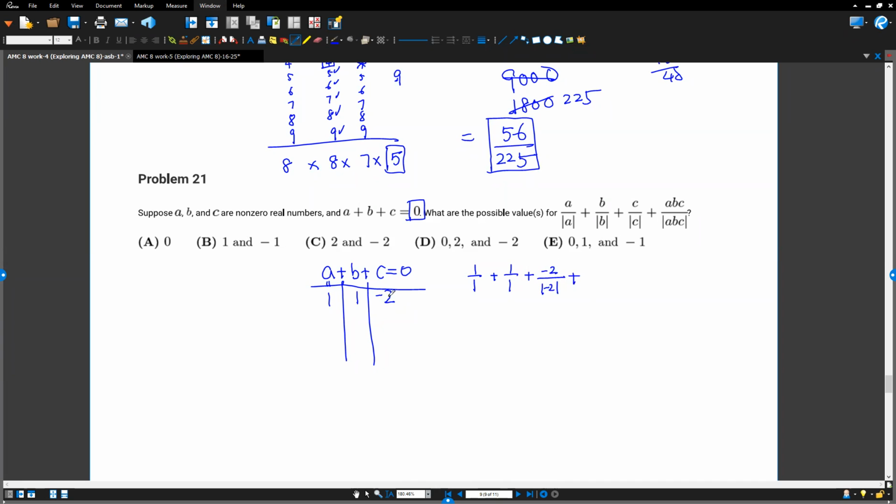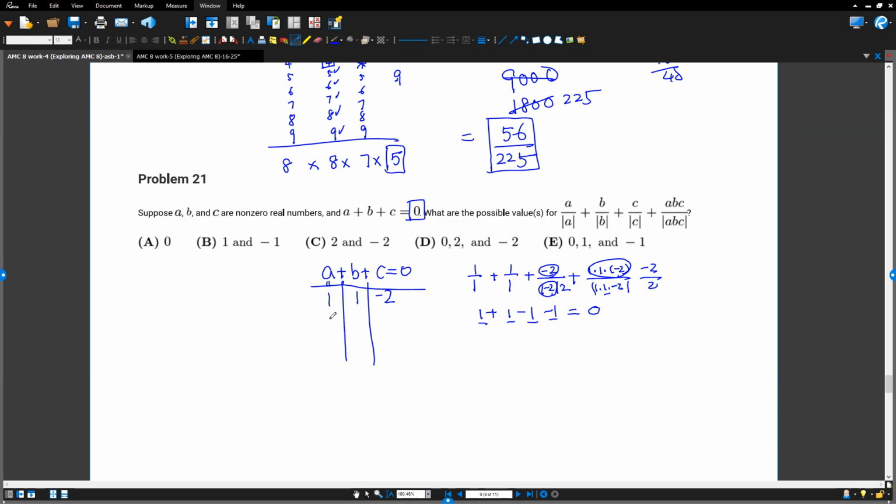And ABC is 1 times 1 times -2 over the absolute value of 1 times 1 times -2. This one is 1 plus 1 plus -2 over 2. That is a -1, right? This is -2, this is +2, still -1. 1 plus 1 minus 1 minus 1 equals 0. They are all 0.